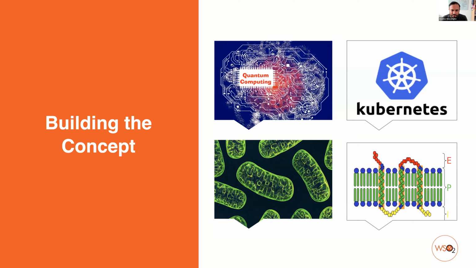So we started building this concept and did a lot of research, but we narrowed our research down to these areas: quantum computing, Kubernetes, biology, and system biology. Why did we pick biology? Because we identified the cell as the basic structural unit in every living thing.